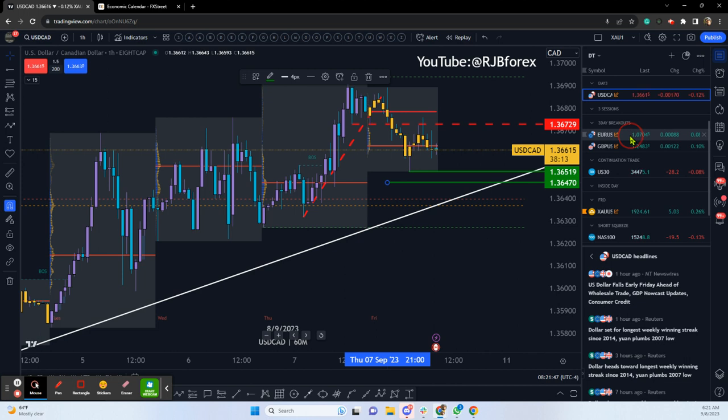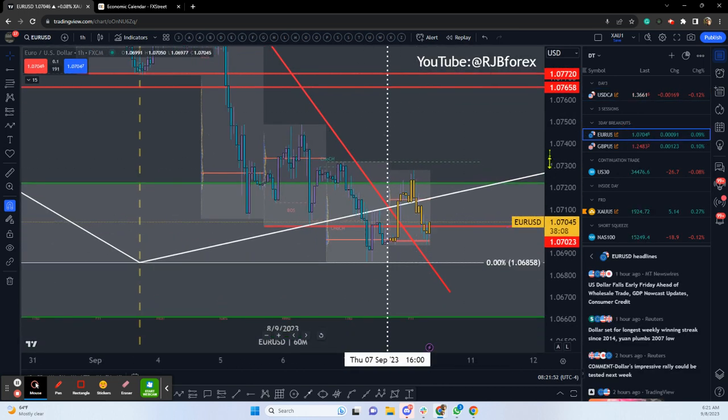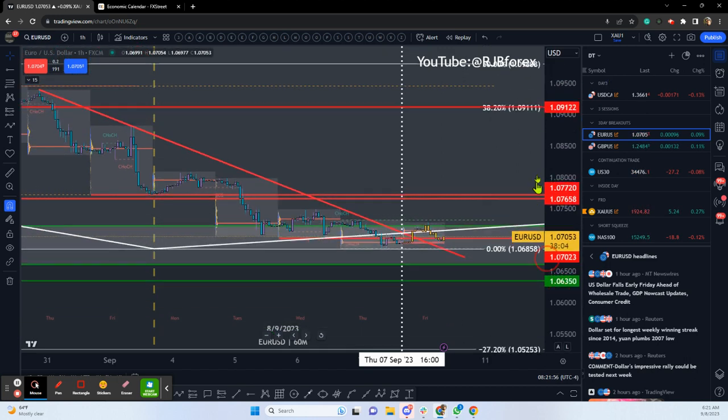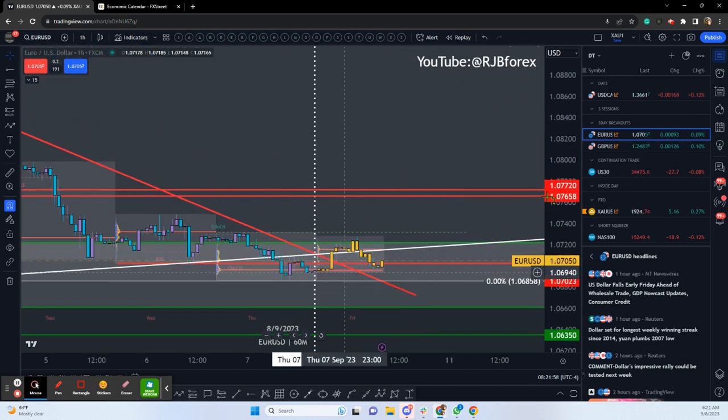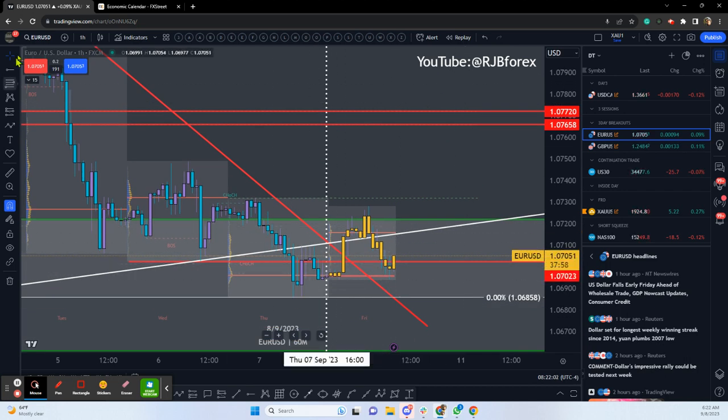Right. So, bullish euro dollar. So looking to buy low within the day's range.